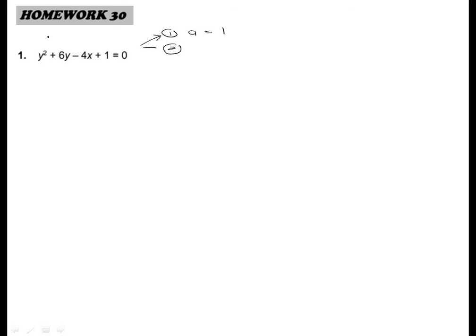Because our squared variable here is y, our b is 6. We will ignore the negative for x. For this equation, it depends on which variable is squared. So here we take b equal 6.